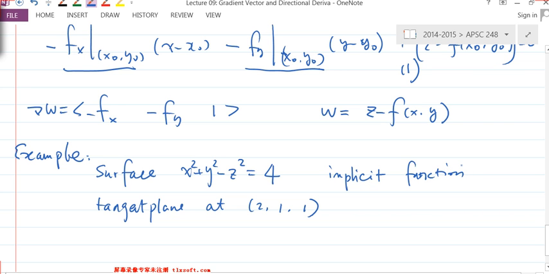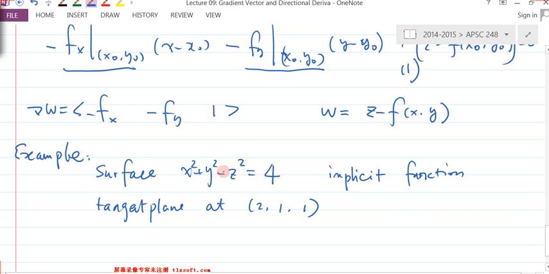Essentially, you are not getting an explicit form of expression for z. It's embedded, it's implicit, embedded in this expression here. Why is it still a surface?